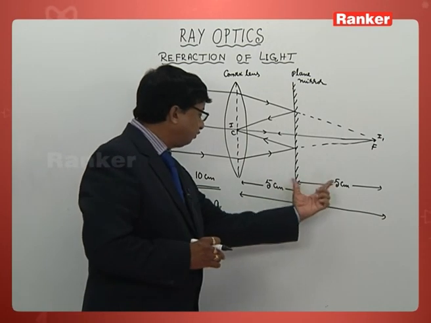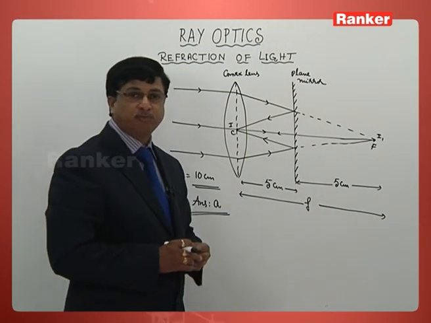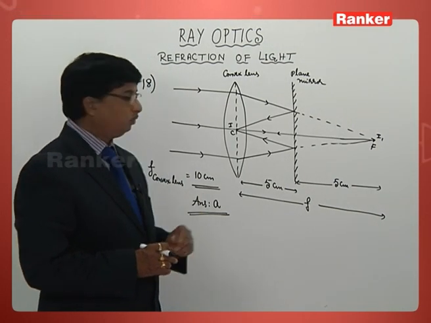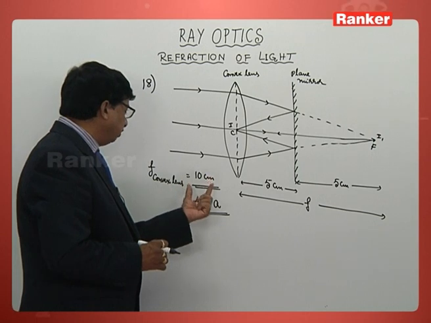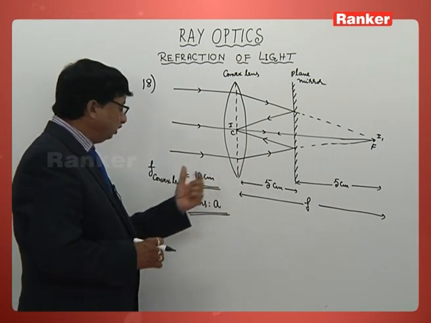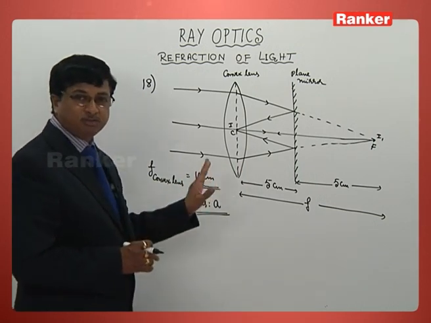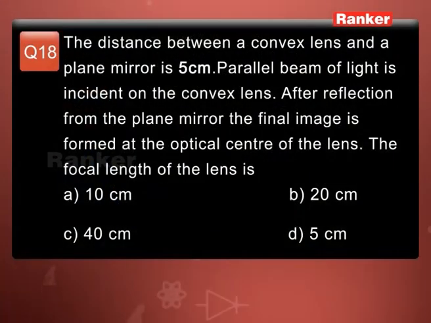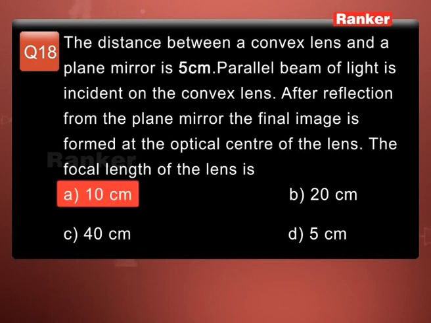The sum of these two now should become the focal length of that convex lens. So f becomes 5 plus 5, that is 10 centimeter. It should be 10 centimeter according to the calculations. So the correct option for this one is the first option, which is A. That is problem number 18.